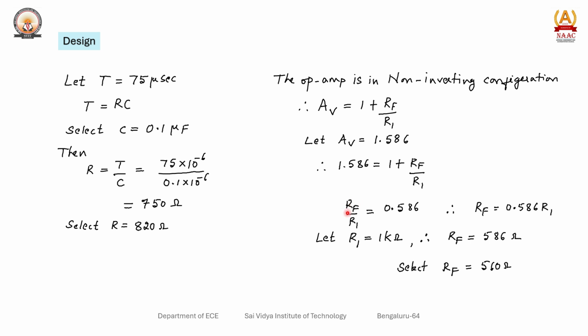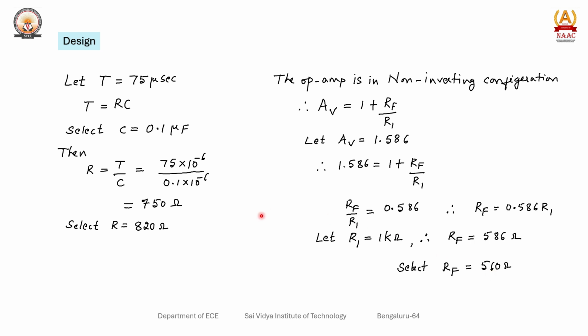Since both are unknown, RF is 0.586 times R1. So assume R1 is equal to 1 kilo ohm, then we get RF as 586 ohm. If this is not available, let us go for the other value of RF, that is 560 ohm, which is available.